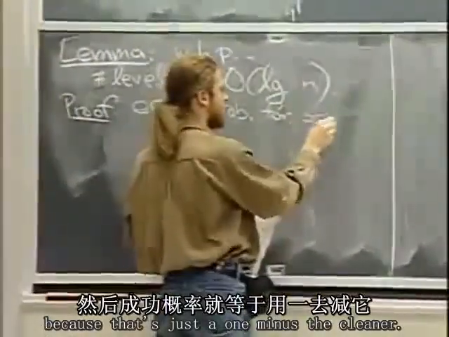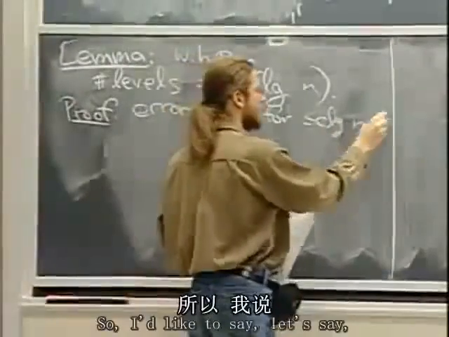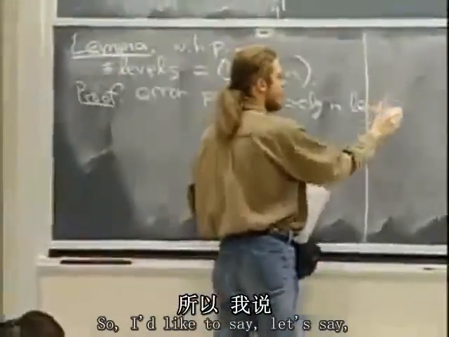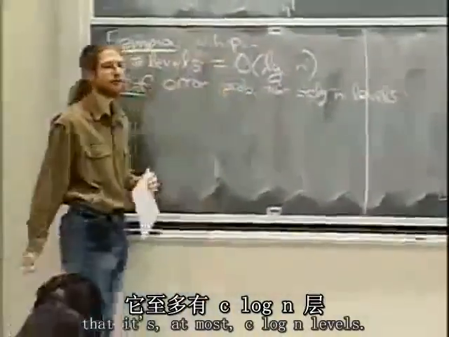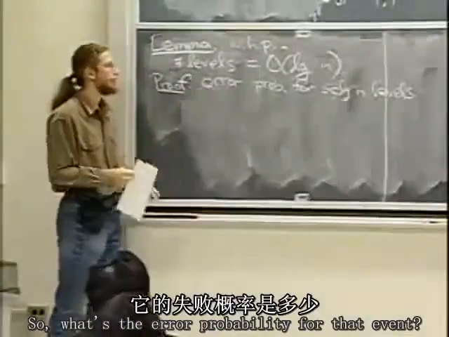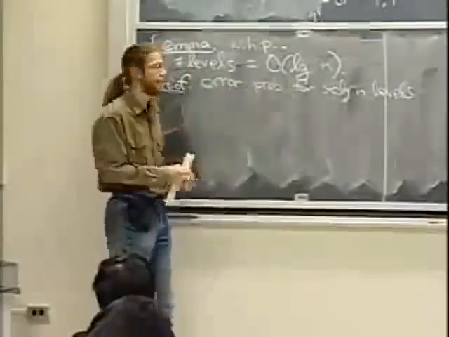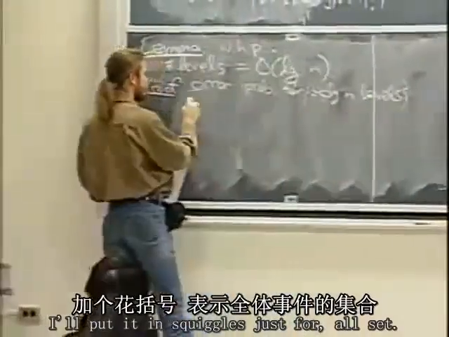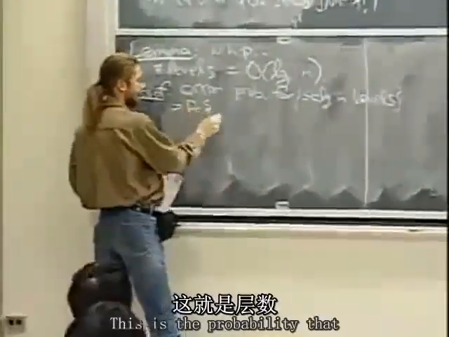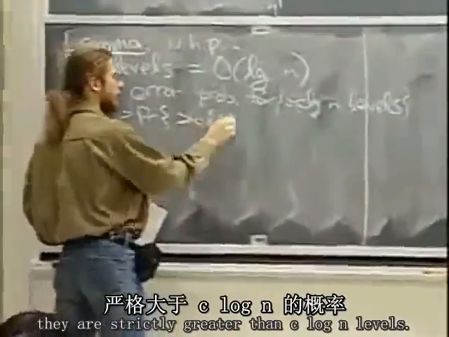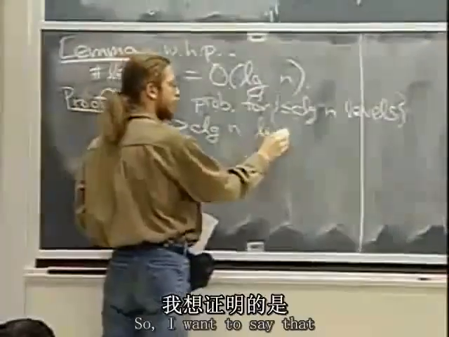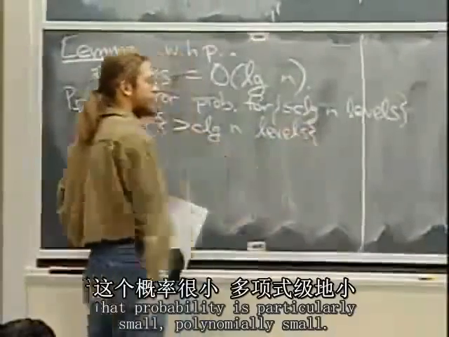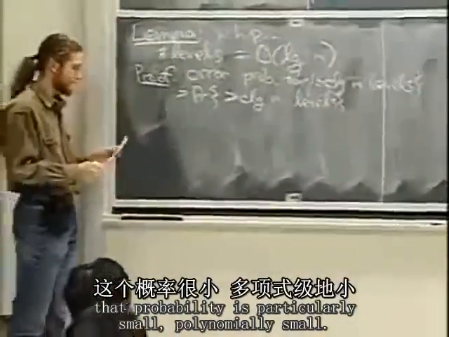A little bit cleaner. So I'd like to say, let's say that it's at most c log n levels. So what's the error probability for that event? This is the probability that there are strictly greater than c log n levels. So I want to say that that probability is particularly small, polynomially small.